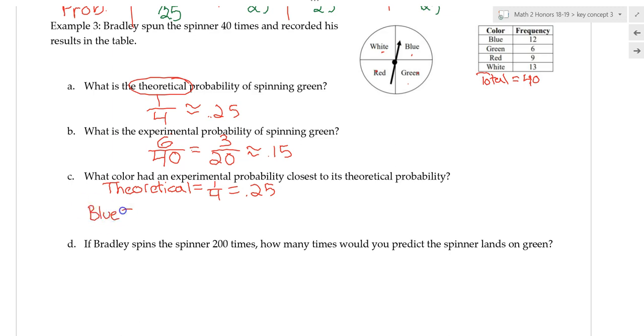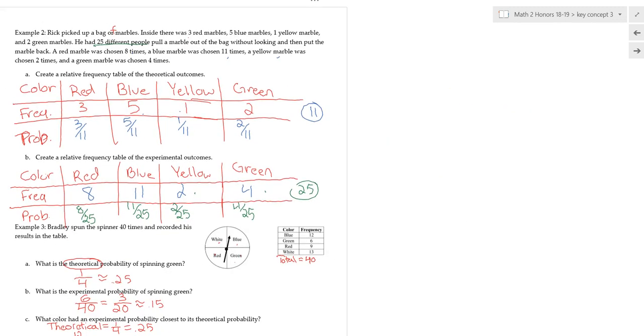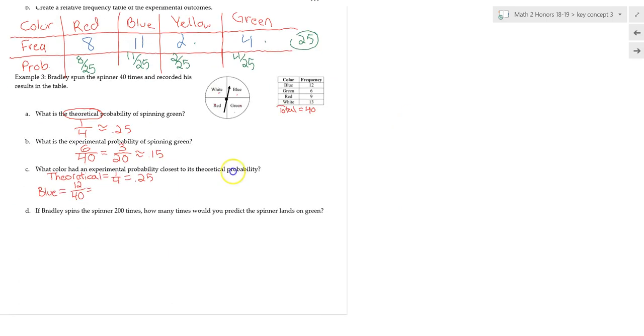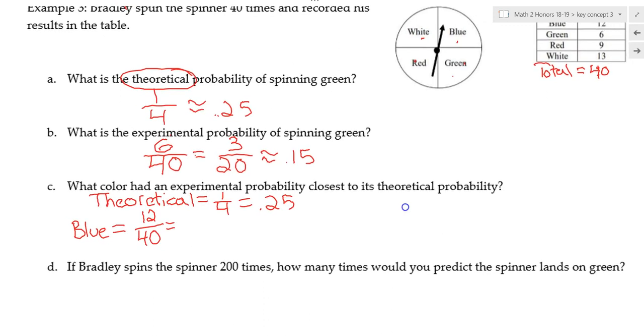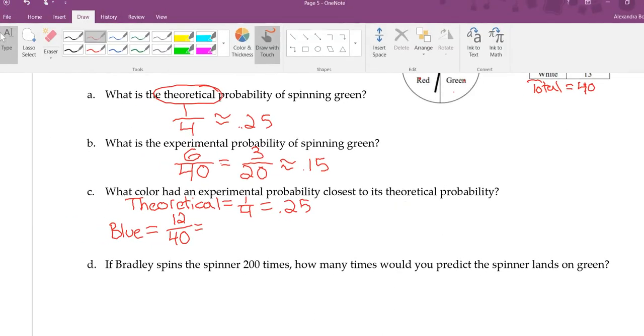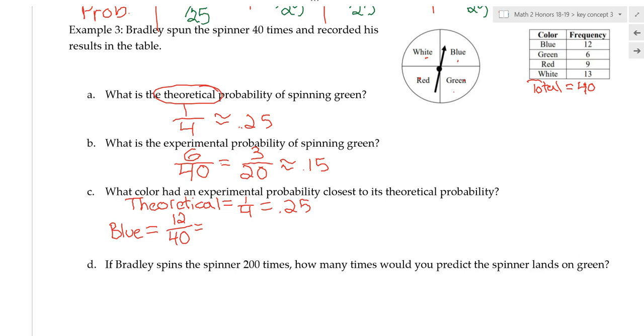Blue has an experimental probability of 12 out of 40. We can divide both of those by 4, so 3 out of 10, which is 0.3. Green, we already know is 0.15.